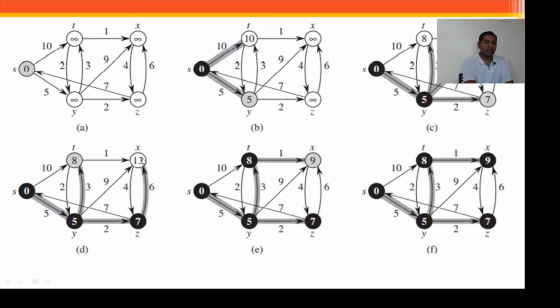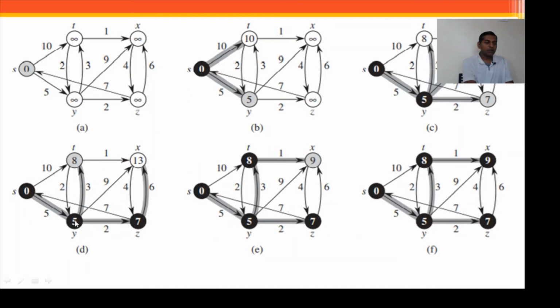After that, the remaining vertices are 8 and 13, and the minimum is 8. So 8 has been selected, and the adjacent vertices are X, with 13, and Y, with 5.